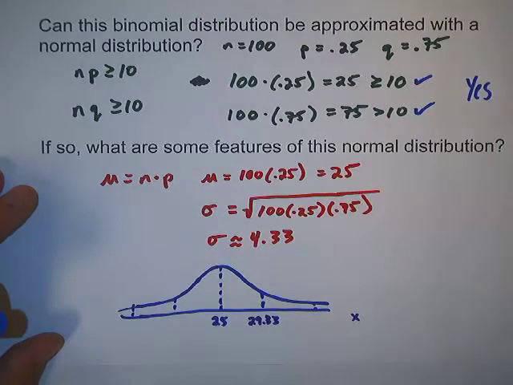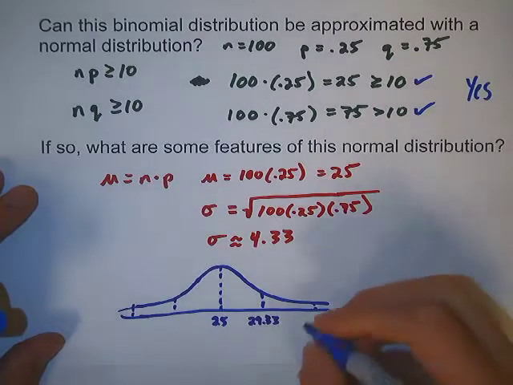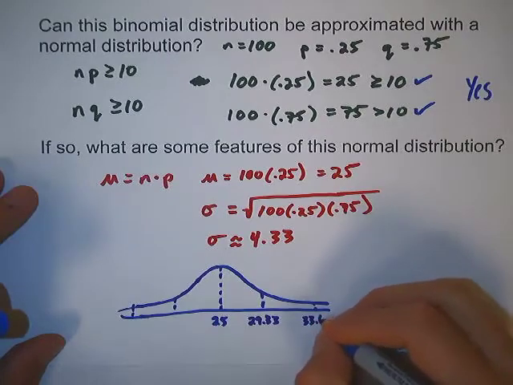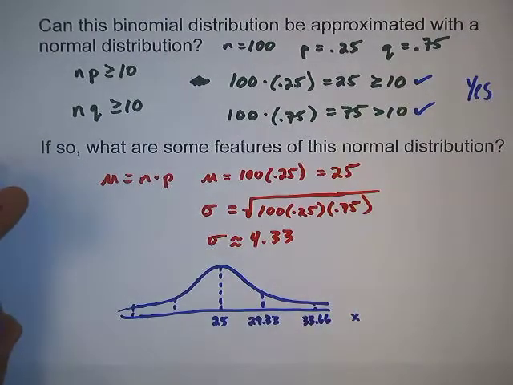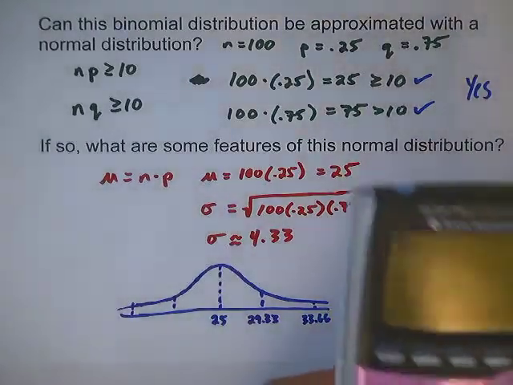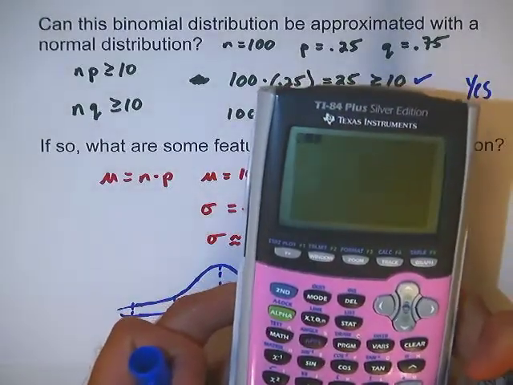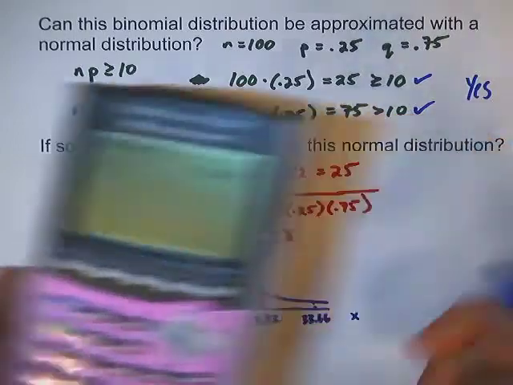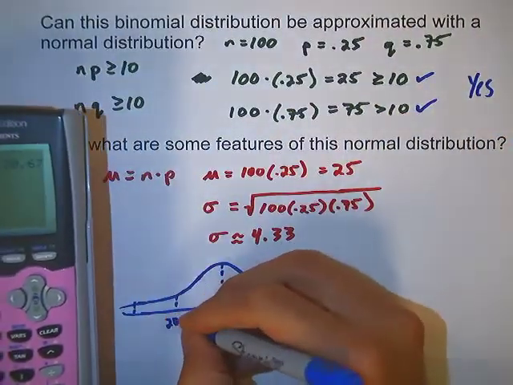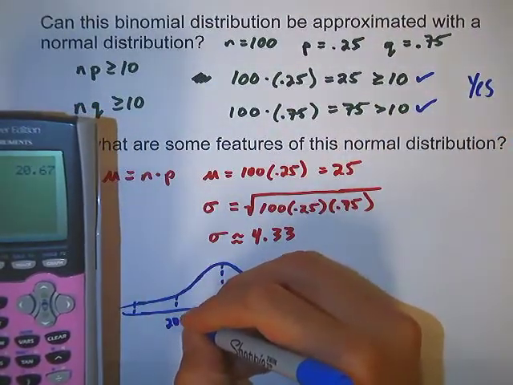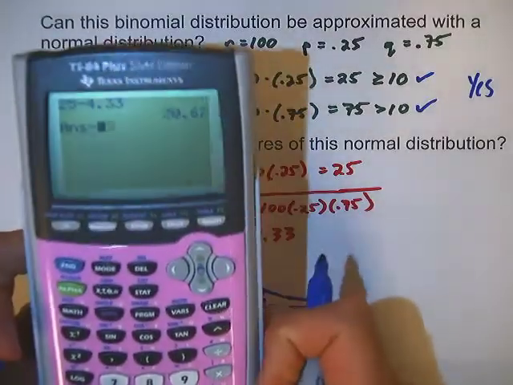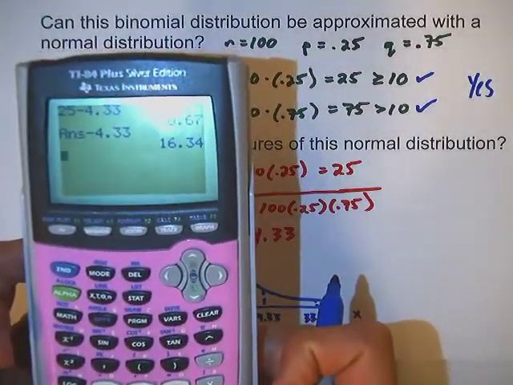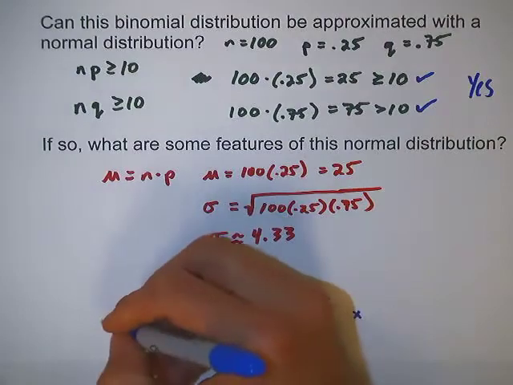Adding one more standard deviation gives 33.66. To go one standard deviation below the mean, 25 minus 4.33 is 20.67. Subtracting another standard deviation gives 16.34.